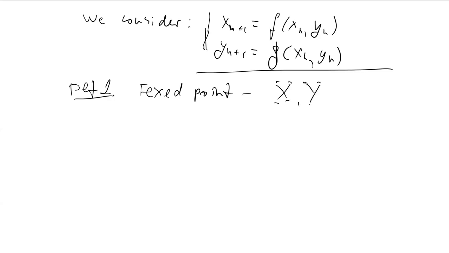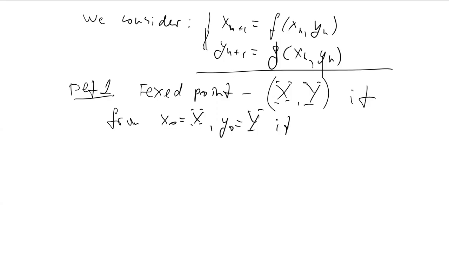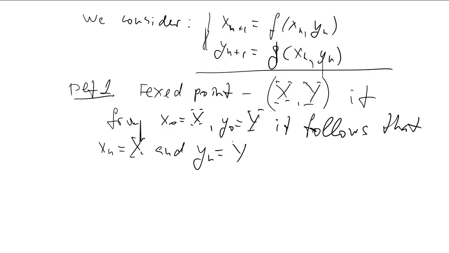A point with the pair of numbers X, Y, capital, is called a fixed point if from x naught equals X capital, y naught equals Y capital, it follows that xn equals X capital and yn equals Y capital for any n.